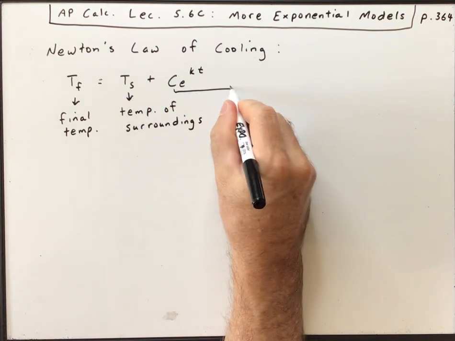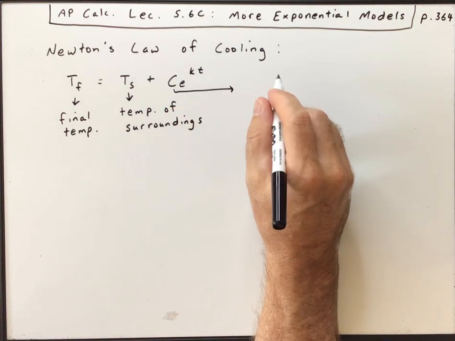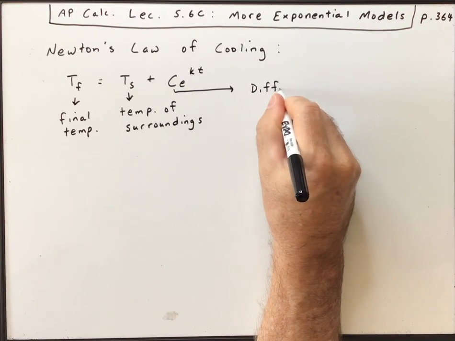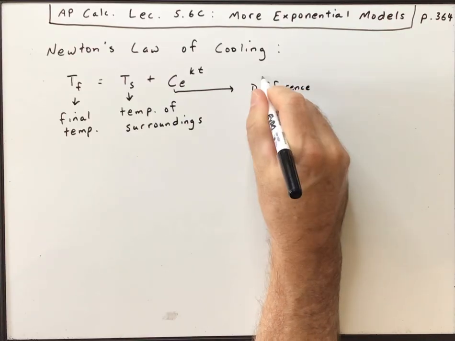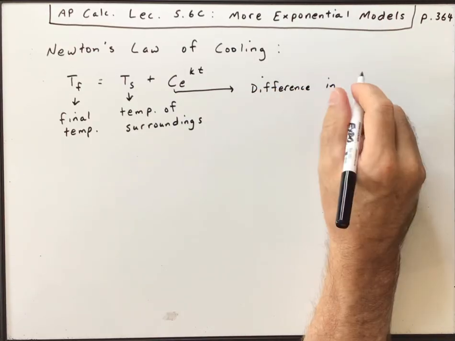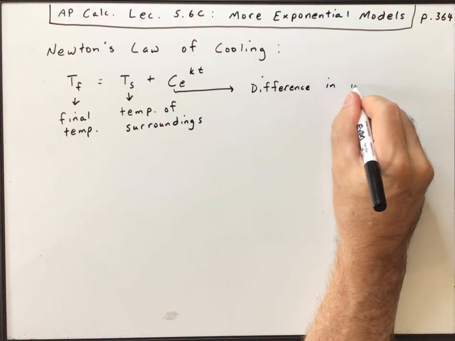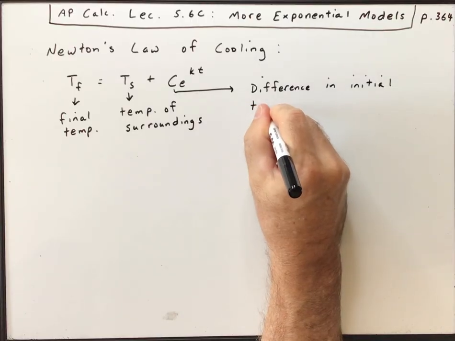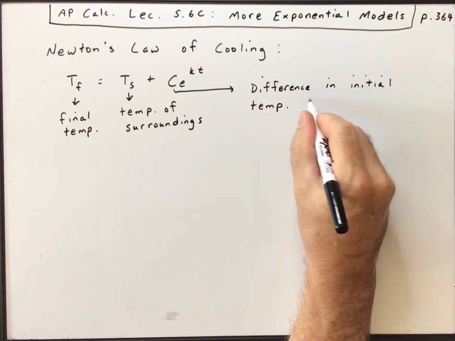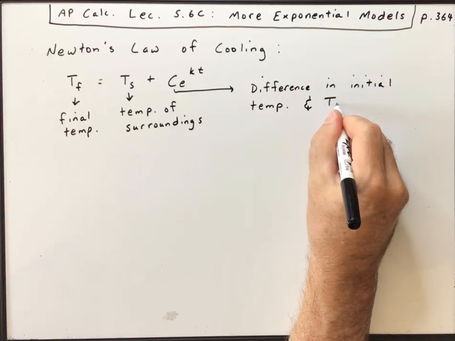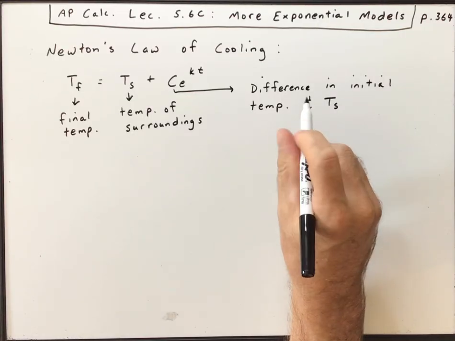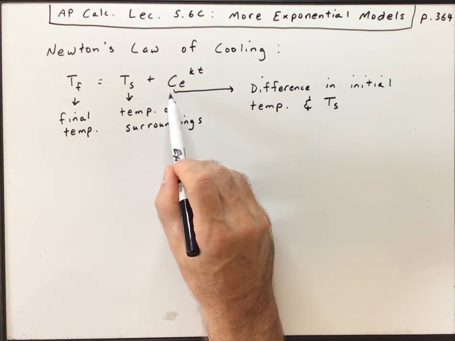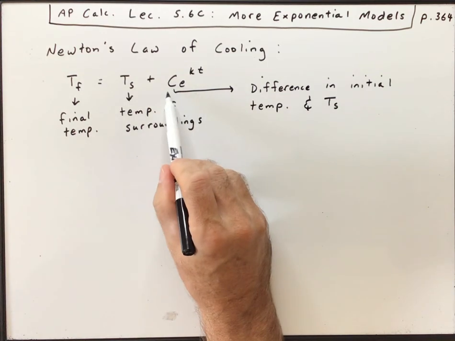And then C is the difference in initial temperature and T sub S. Okay, so the difference in if you took it out of the oven at 500 degrees and your surroundings were 100 degrees, that would be 400 degrees.